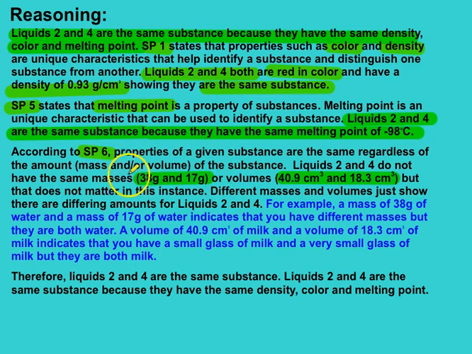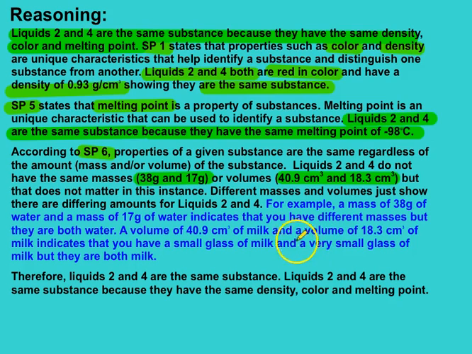But you don't have to have it because it says, according to scientific principle number 6, properties of a given substance are the same regardless of the amount. So as long as you have this, and you tell me that 2 and 4 do not have the same ones, and it doesn't matter, you could get your 4. This part down here just helps cement it in and verify that you truly are a 4.